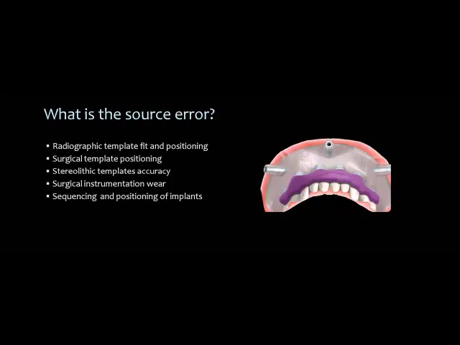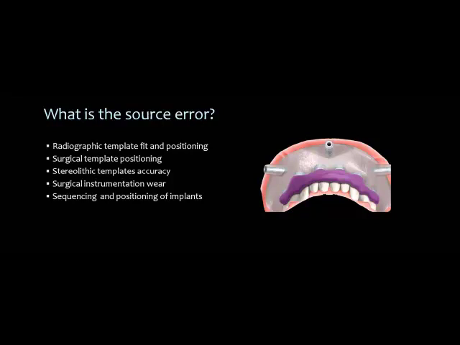It's very important that whenever we do guided surgery, we eliminate error by following certain steps and doing things in sequence, because the error is amplified through the whole process of this treatment. The first step is our radiographic template. It must be fit, and it must be fit in a repeatable manner.